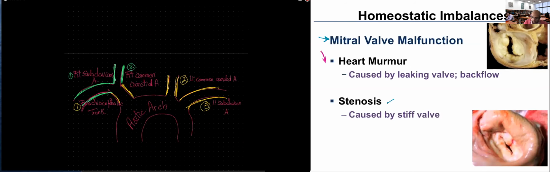So what happens to each of the common carotids? So right and left. Each common carotid splits into two branches, one that travels to the inside of the skull to supply the brain, and another branch that will be traveling outside of the skull to supply the face and scalp. Same happens on the left side.